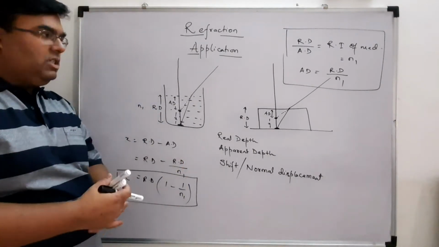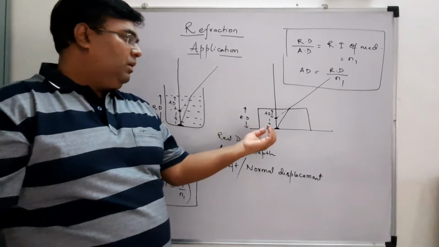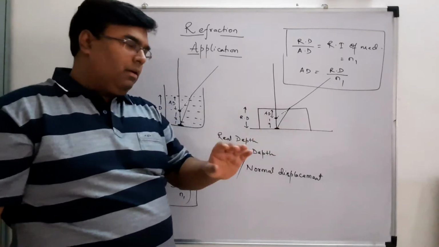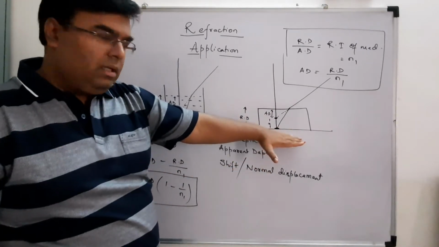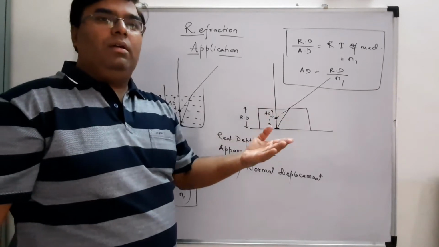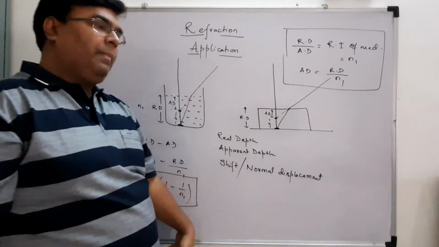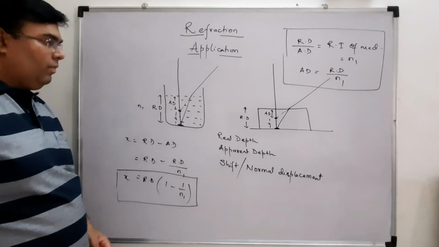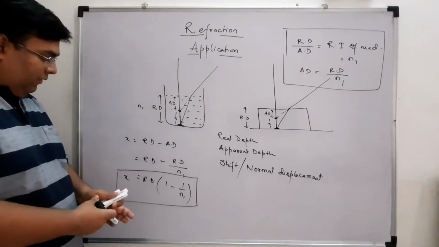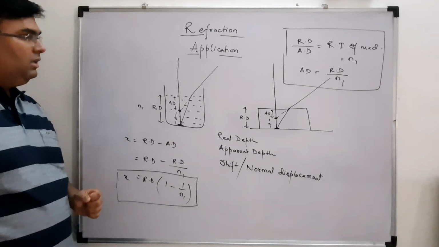So there are lots of applications of this. If you write something and keep it at the bottom of a slab, the letters appear midway on the slab. So this is one application. Now we will understand the factors affecting the shift.